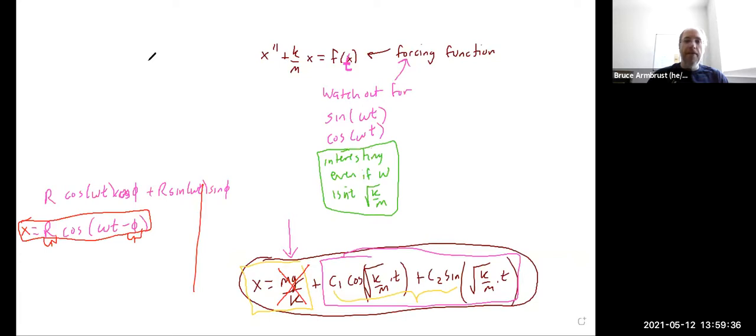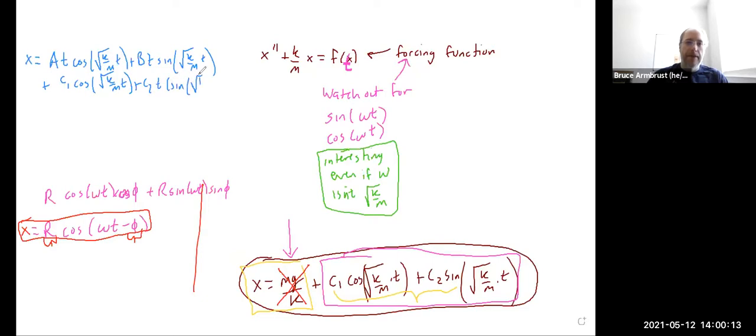If we put that in, we're going to get x is equal to some sort of a t cosine of square root of k over m t plus b t sine of square root of k over m t plus the C1 and C2 stuff.